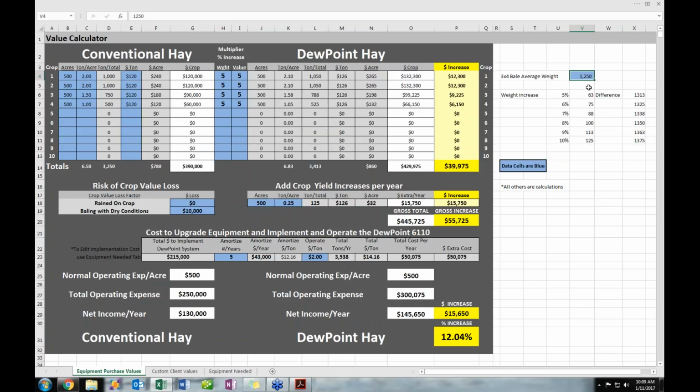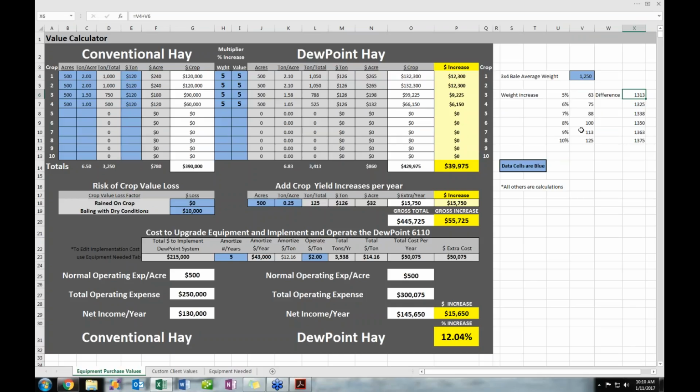So right here in the upper right hand corner of the screen, you've got 1,250 pounds for the average bale weight. If we could increase that bale weight by 5%, then it's 63 pounds, or 1,313 pounds.